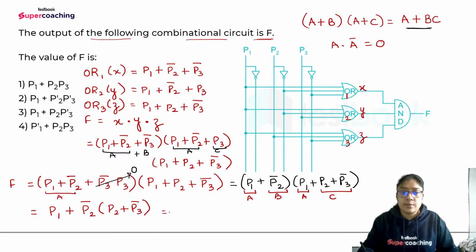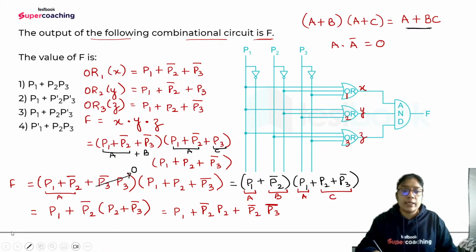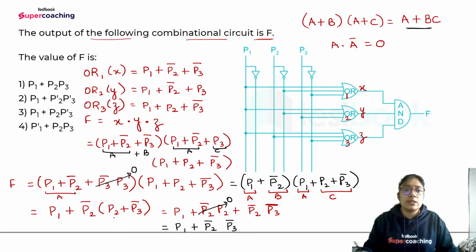Expand it. This comes out to be P1 plus P2 complement P2 plus P2 complement P3 complement. Again, P2 complement and P2, this term is 0. So it is resulting into P1 plus P2 complement P3 complement. This is nothing but option 2.